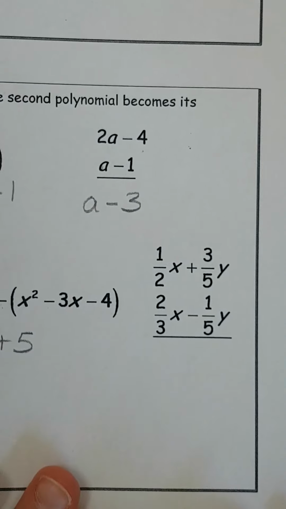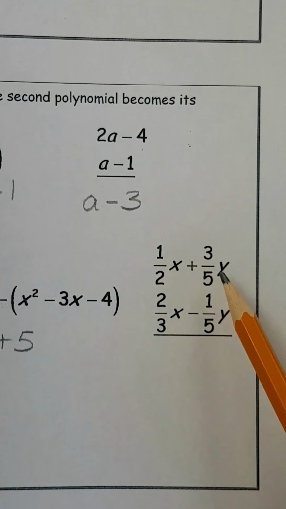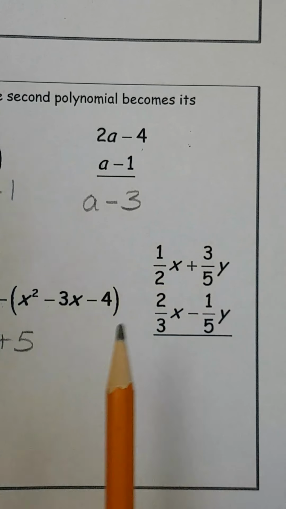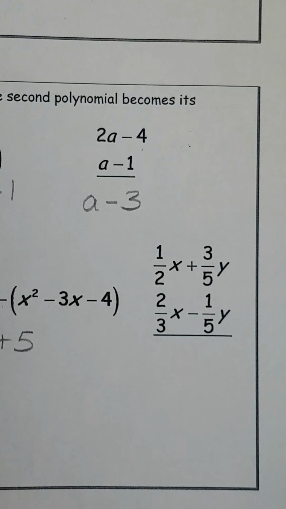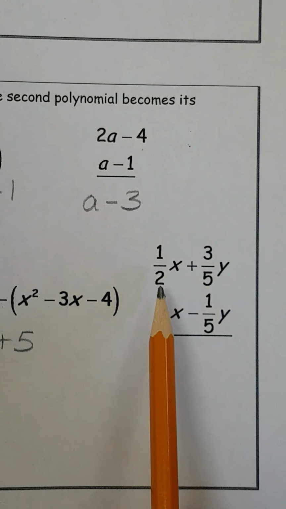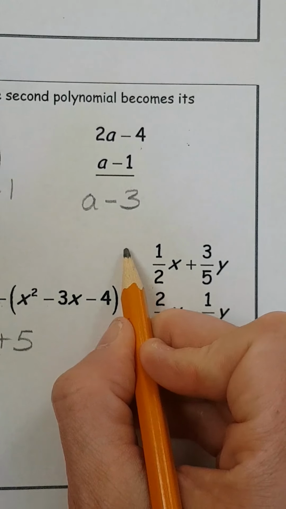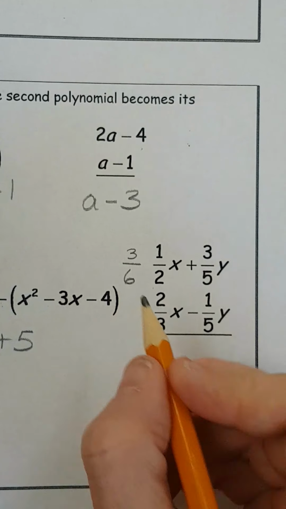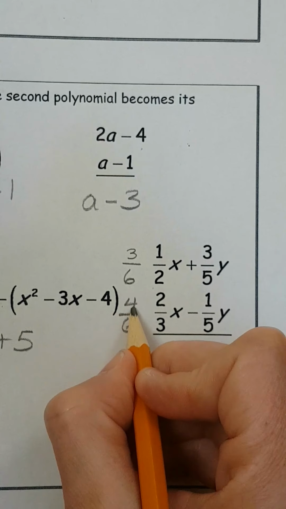I think I just put this one in there because in first semester we had just finished the rational numbers, so adding and subtracting fractions, which we just recently looked at. However, this one doesn't say anything about showing the step where the fractions change to a common denominator. But we need a common denominator, so this one's going to be 3/6 and 4/6.